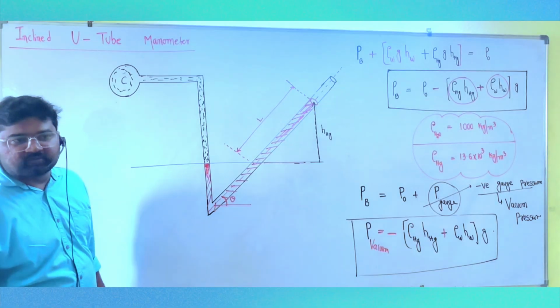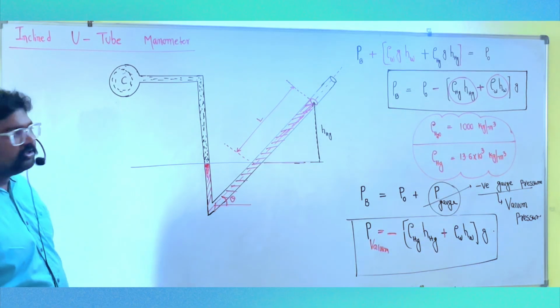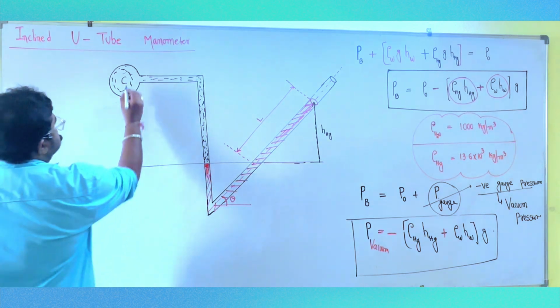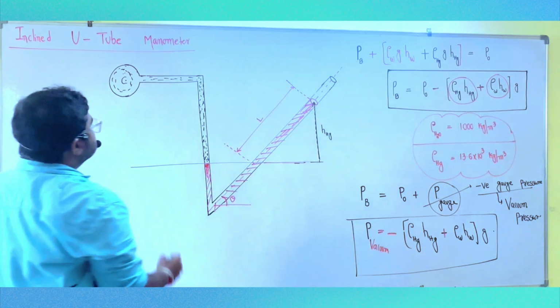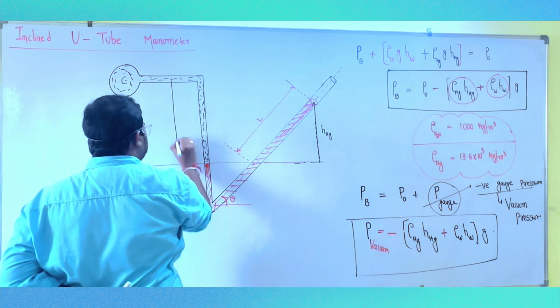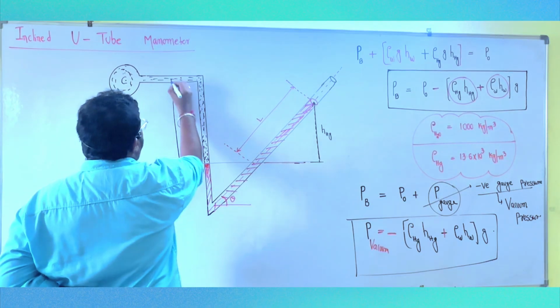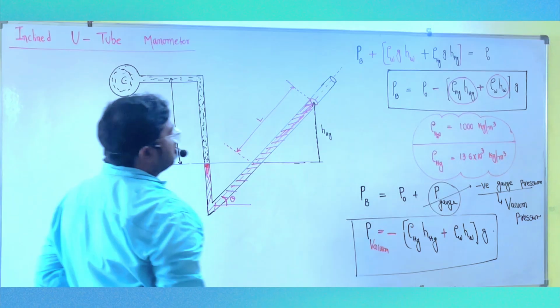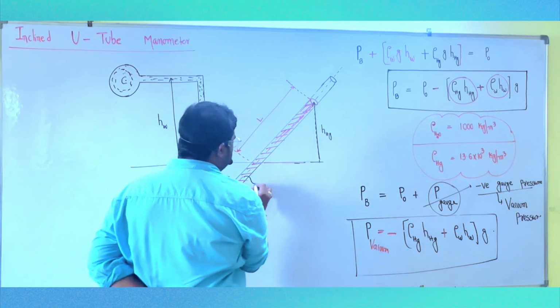Pressure measured downward is positive, upward is negative. We need to start from point C. This is the height of the water column, and this is the length of the mercury column.